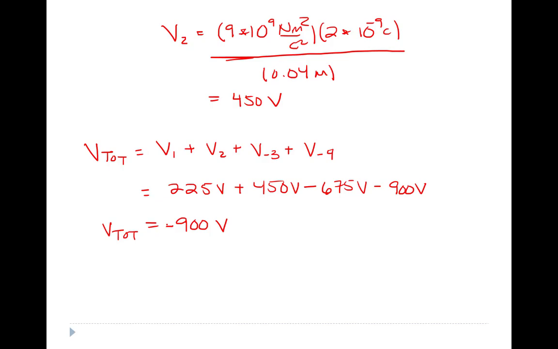And as horrible as it looked on the surface, no symmetry, angles all over the place, we didn't need to worry about that at all because voltage is a scalar. Electric potential is a scalar. It doesn't matter.